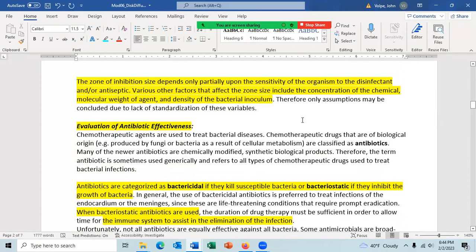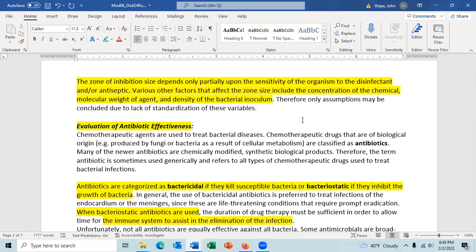The zone of inhibition size depends only partially upon the sensitivity of the organism to the disinfectant or the antiseptic. Various other factors come into play and affect the zone size, including the concentration of the chemical. The more concentrated you have, generally the greater the zone of inhibition.